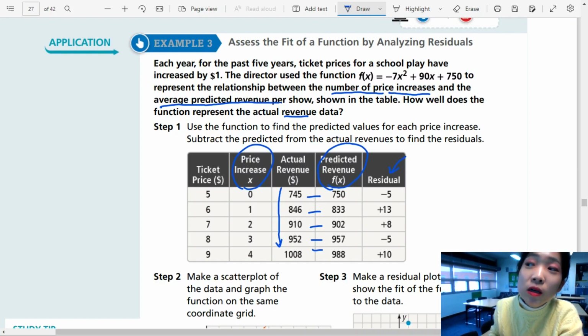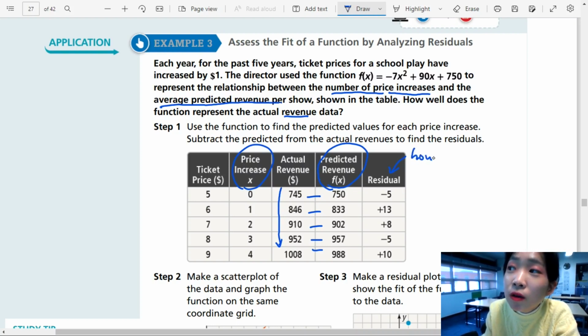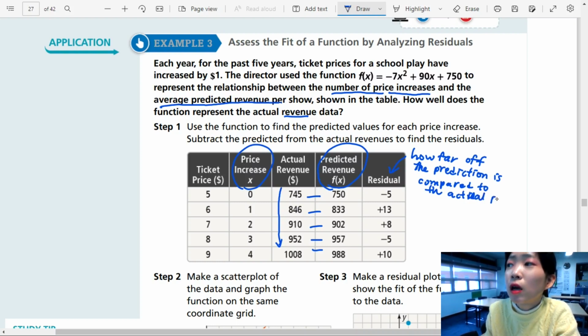The residual is how far off the prediction was compared to the actual data.